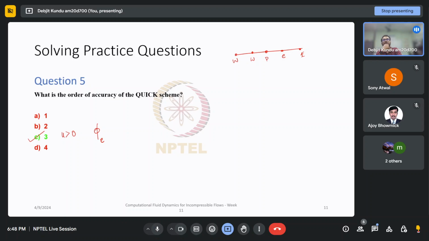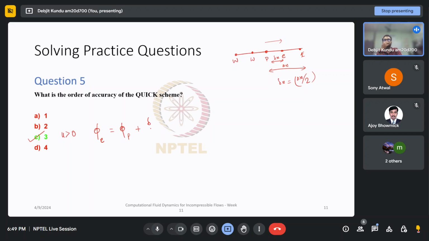So let's say when u is greater than 0, then my upwind point is P. So with respect to P, I'll write this as phi P plus, and this distance is delta x, this distance is delta x. So del x is actually delta x by 2, right?